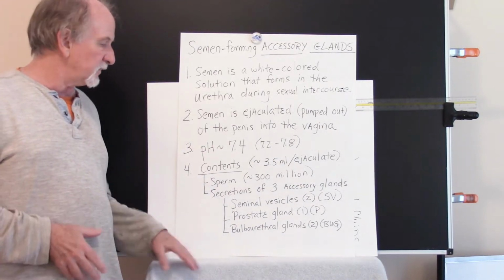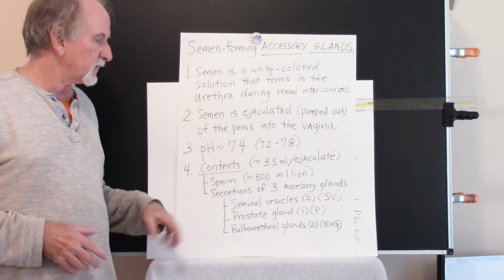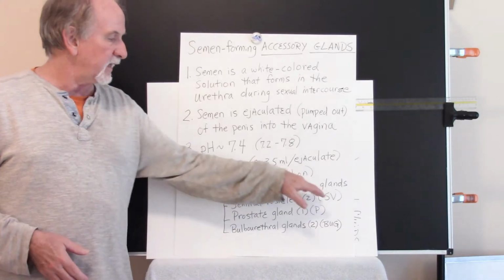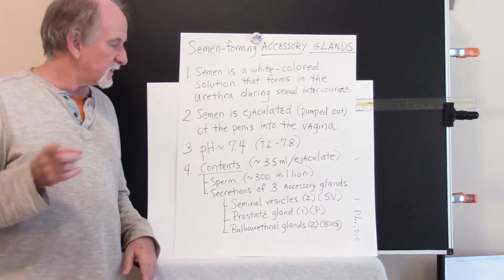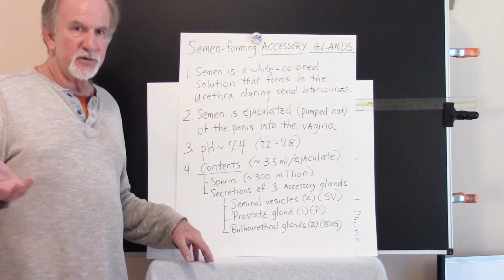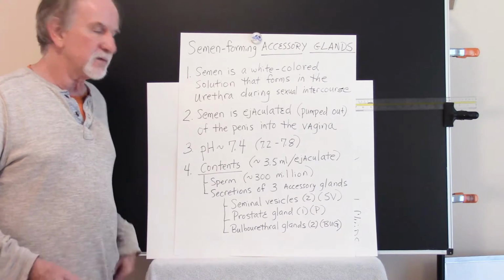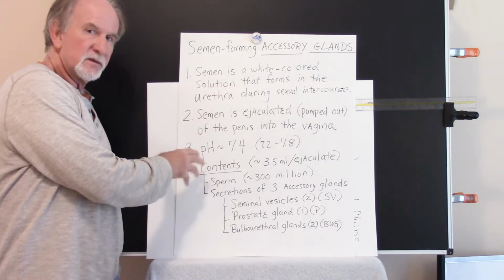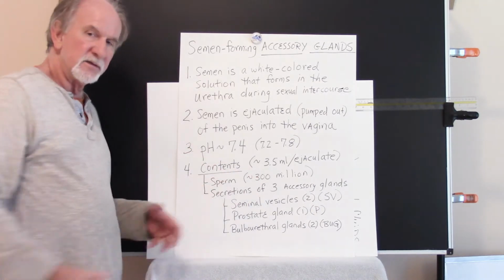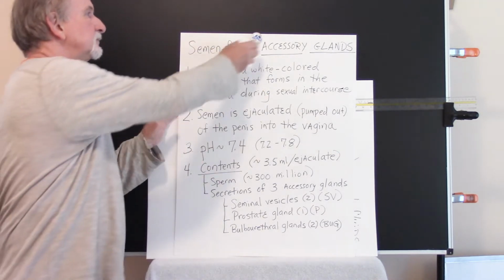And they would include the seminal vesicles, and there's 2 seminal vesicles, and I'll abbreviate seminal vesicle SV, 1 prostate gland, and I'll abbreviate that with a P, and 2 glands known as the bulbourethral glands. So sperm and solutions from these glands together make up what's called semen.